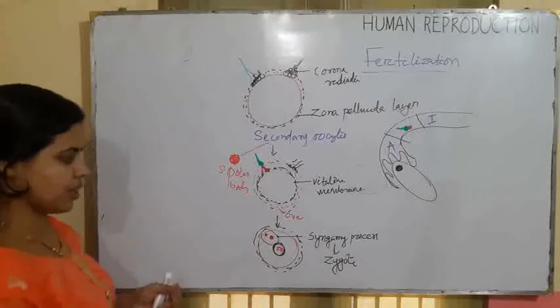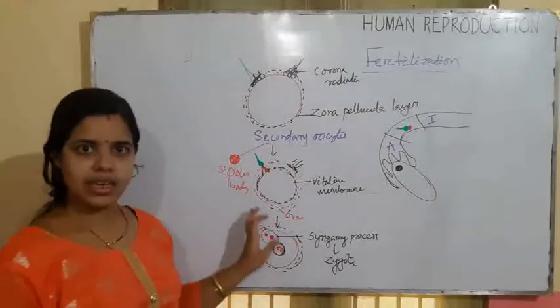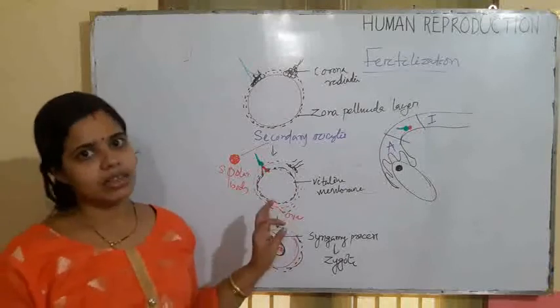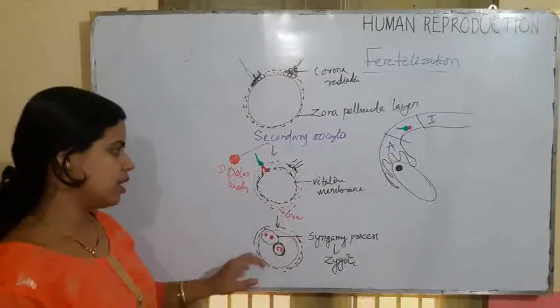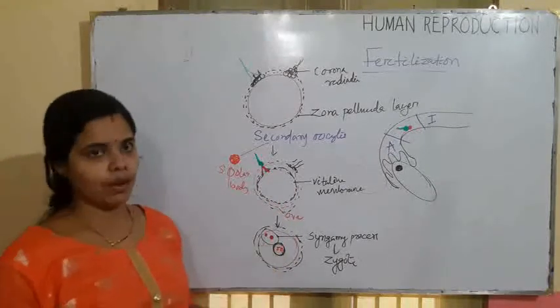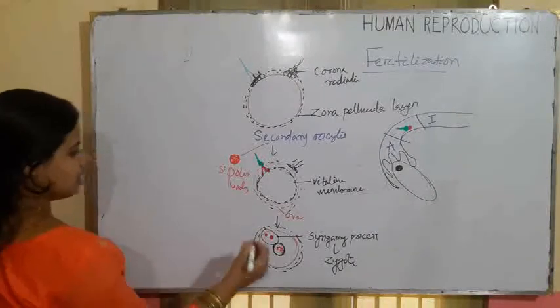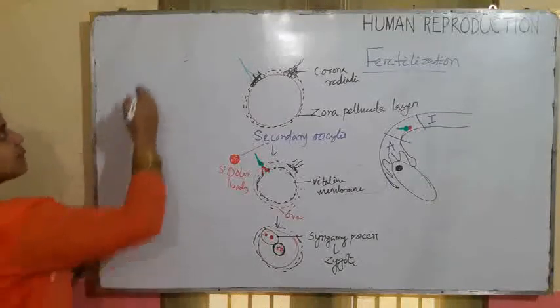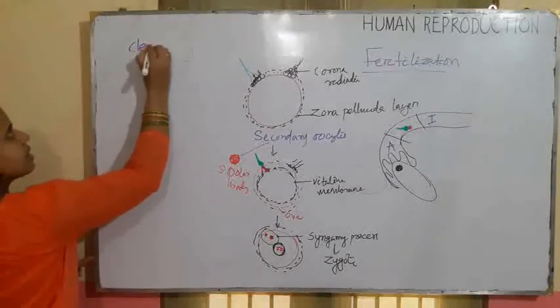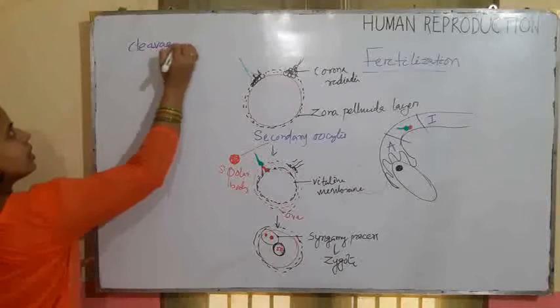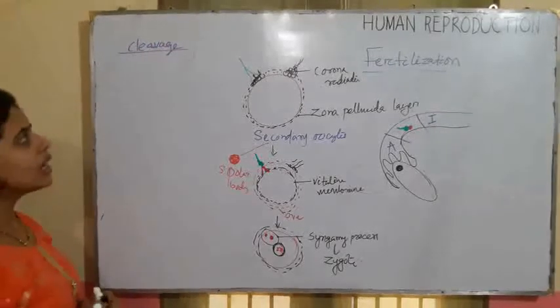After zygote formation, see, the corona radiata is still there. The zona pellucida layer is also there at these places. So after zygote formation, what process will immediately start? The next process is cleavage.